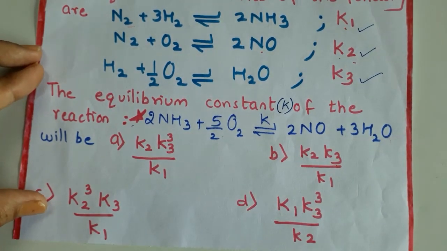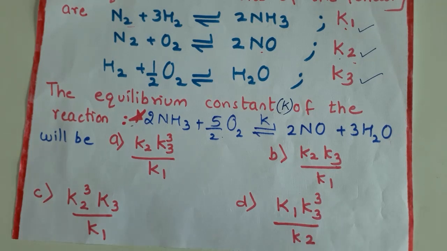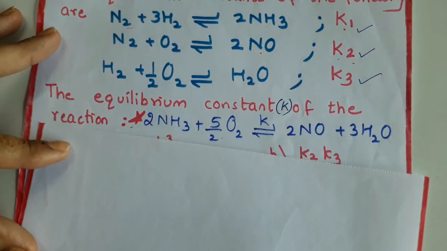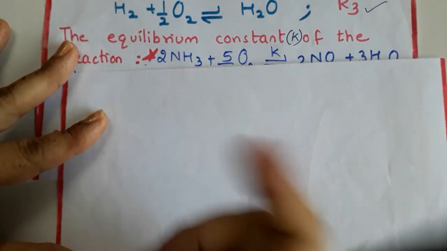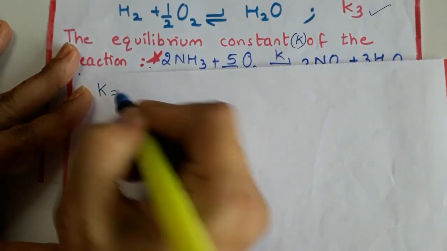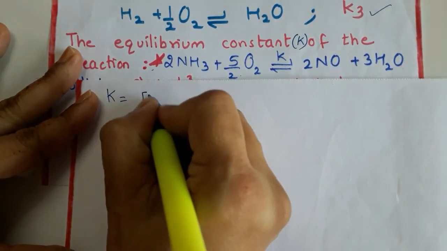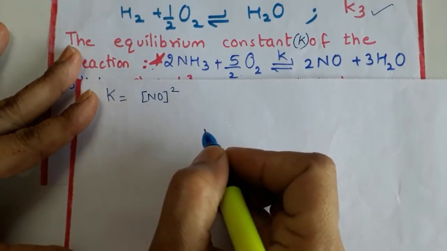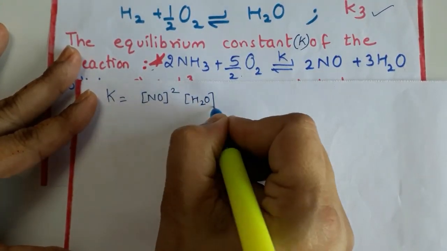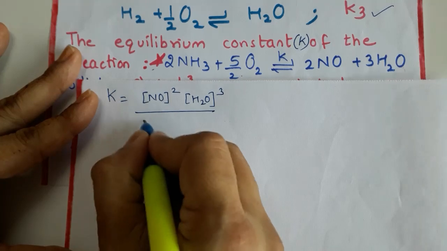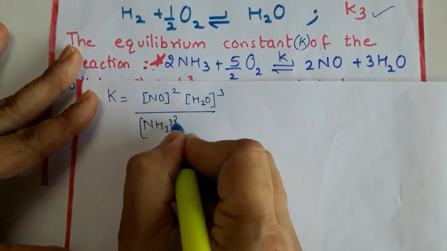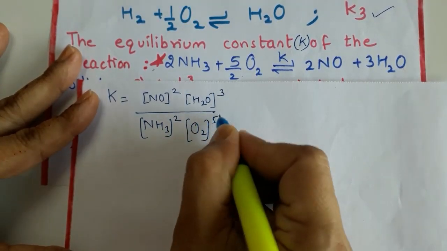If we apply the knowledge of our simple equilibrium constant, then we should begin with this expression: K is equal to the concentration of products. So I'll write NO square, then H2O cube upon NH3 square and O2 raised to 5 by 2.